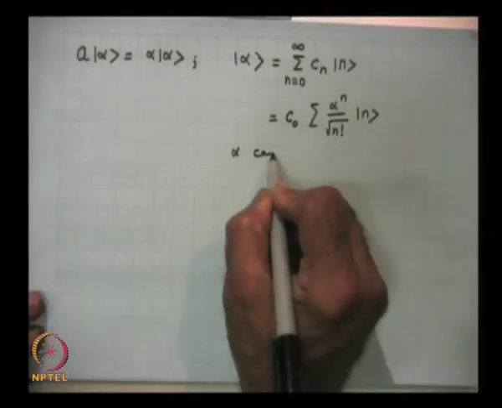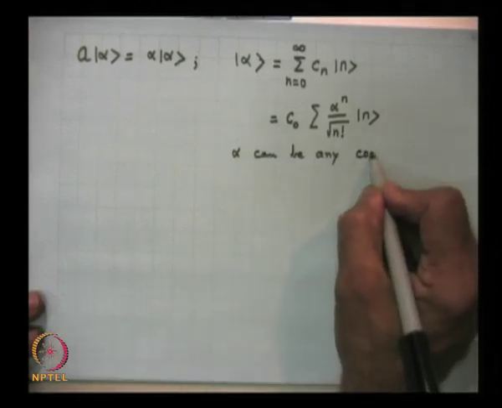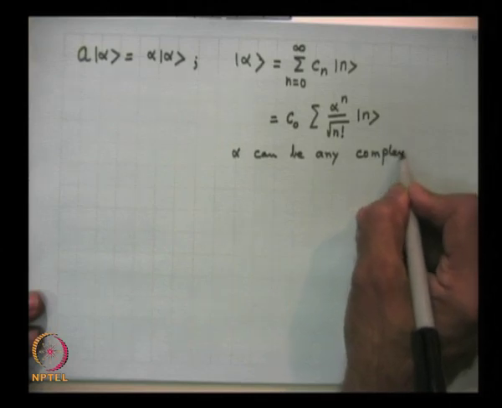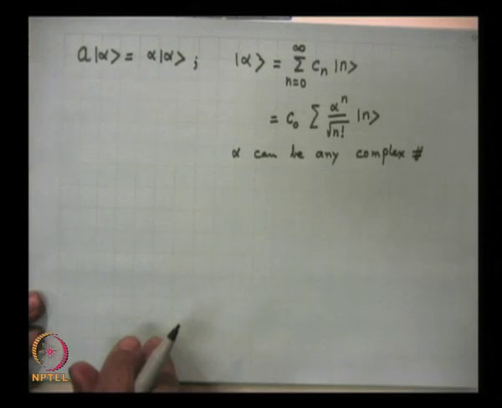A and A bar are not equal, and the complete set of complex numbers could be its eigenvalue. So, alpha can be any complex number.